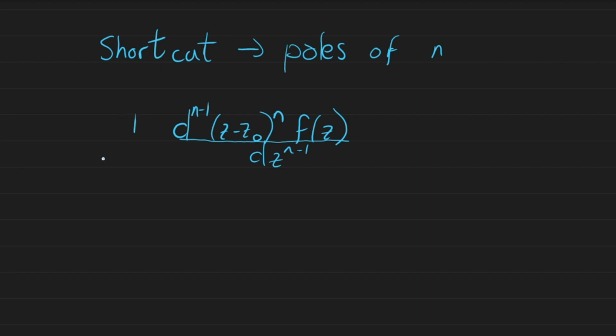And then we multiply it by 1 over (n minus 1) factorial. And then we take the limit of this entire thing as z approaches z naught. So what does this give you? It gives you the residue. That is what this expression gives you.